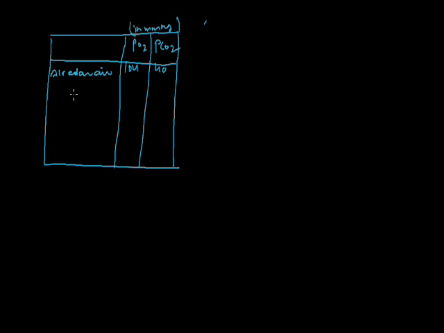Now if we talk about the venous blood, when the gases are present in the vein, the pressure of oxygen is 40 mmHg and the carbon dioxide is more, that is 46 mmHg. When the blood reaches the arterial blood, oxygen is 95 mmHg and here it is 40 mmHg.